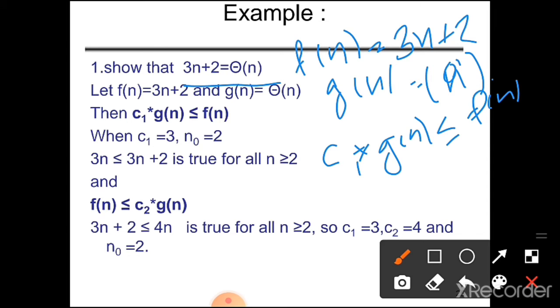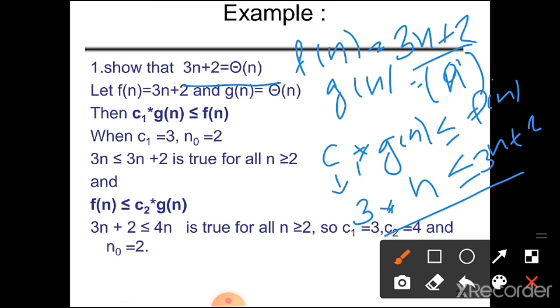Here we assume that c1 is equal to 3. Then c1 into g of n is 3n, which is less than or equal to f of n, 3n plus 2. So 3n is less than or equal to 3n plus 2 for all values n greater than or equal to 1, or n naught is equal to 1.